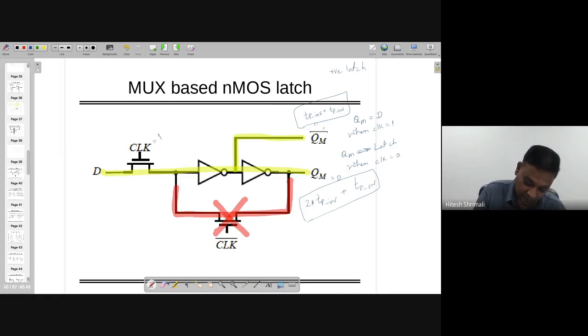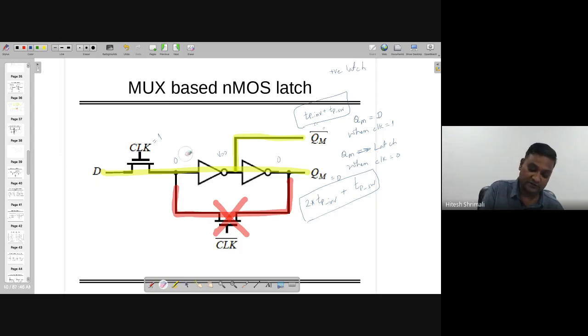Now, one more thing. Note that there are two possibilities: D equal to VDD and D equal to 0. If D equal to 0, there is no problem. This 0 is here, and 0 becomes VDD and VDD becomes 0.